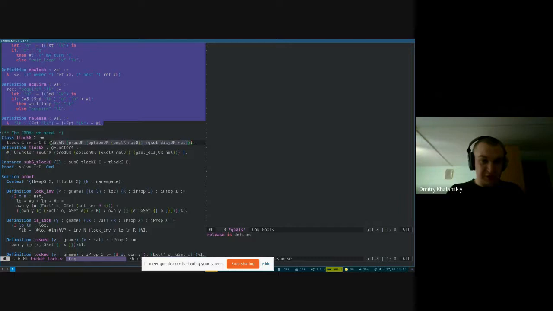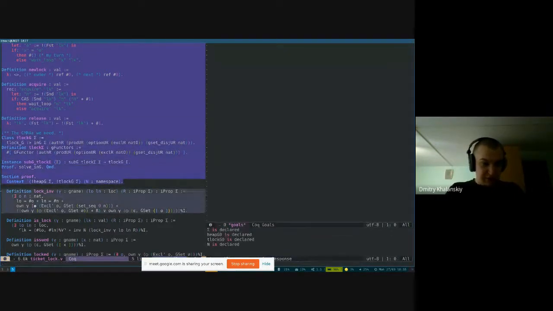The crux of them is here. You want to list the resource algebras that you use in this form. For example, here we have an authoritative resource algebra that is parameterized by a product unitary resource algebra that is parameterized by two other resource algebras.